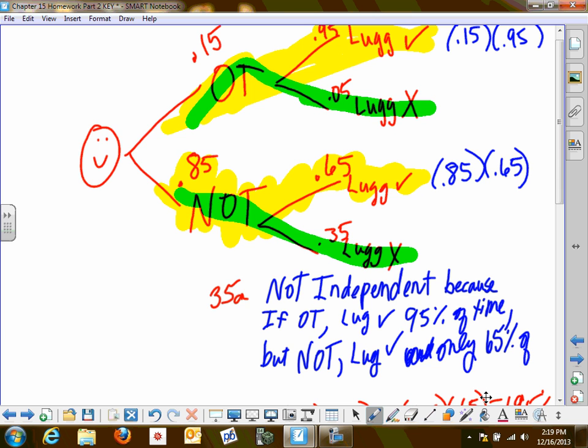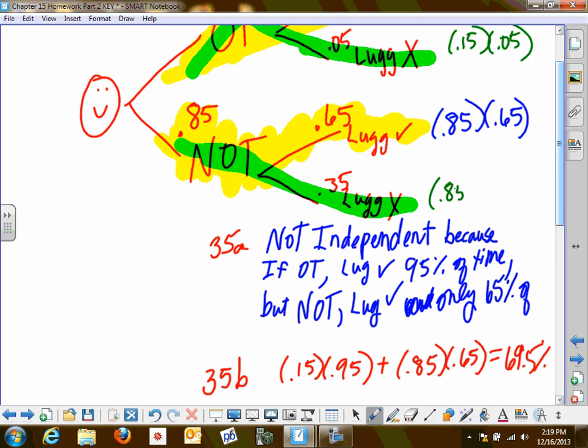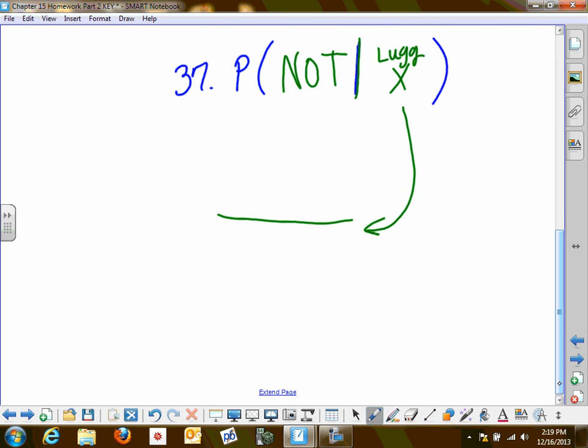So let's put numbers to it: on time, no luggage, plus not on time, no luggage. That's the total ways that she didn't get her luggage. So that's what I'm going to put down here. On time, no luggage, plus not on time, no luggage. So this is the whole ways that she has no luggage.